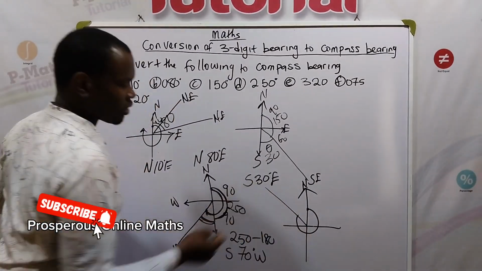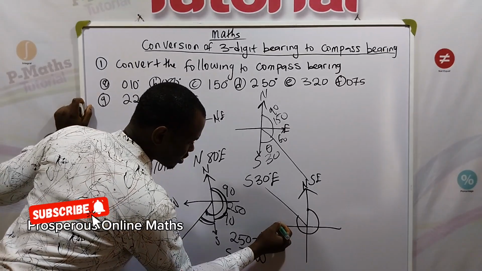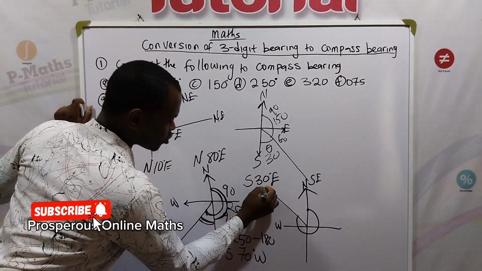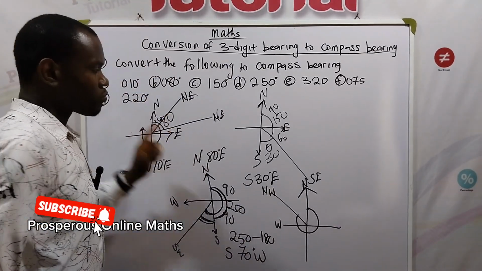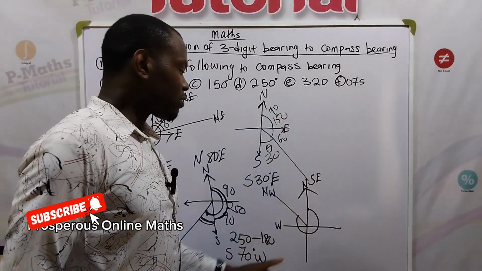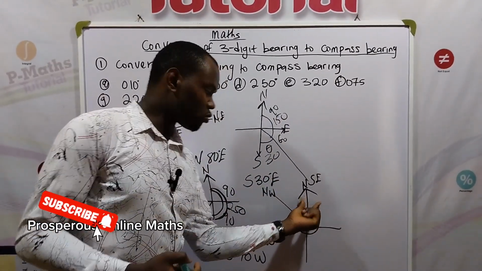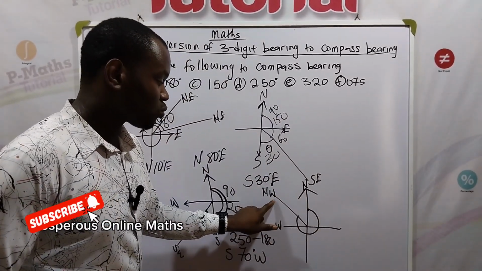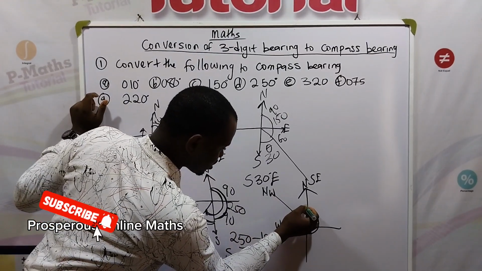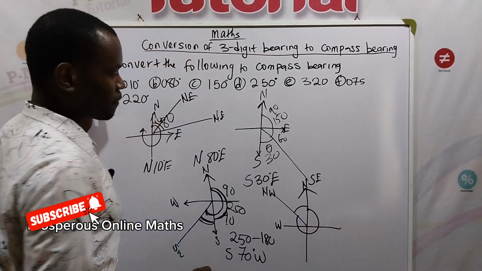Then draw your cardinal points. Here is the west. So this place should be northwest. The angle we are looking for is the angle that will take reference with the north pole and the northwest pole. That's the angle between these points, right?